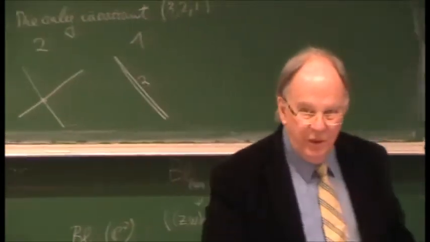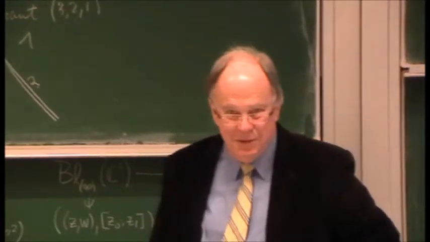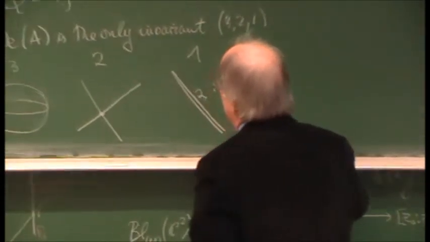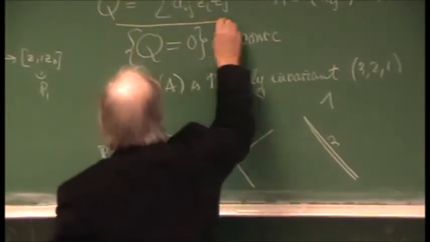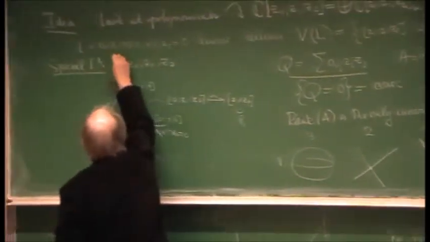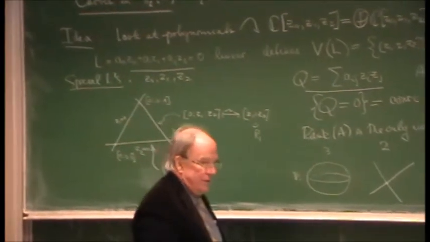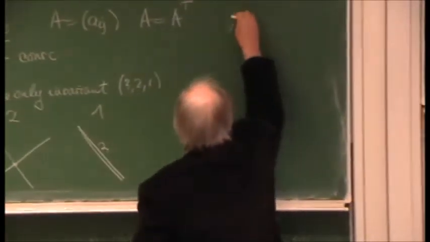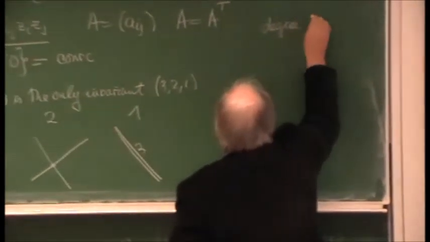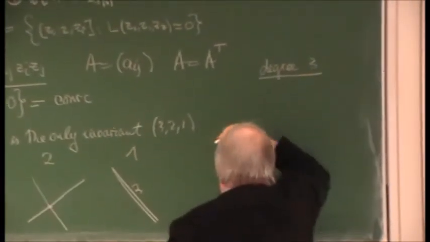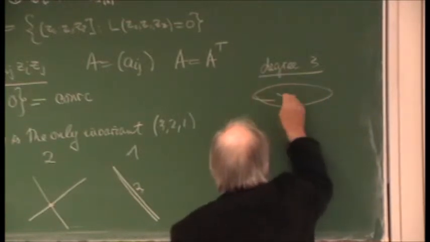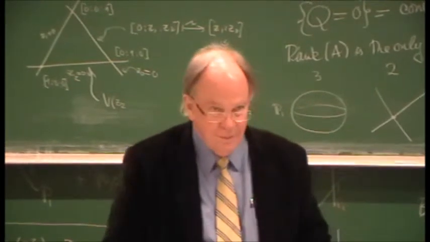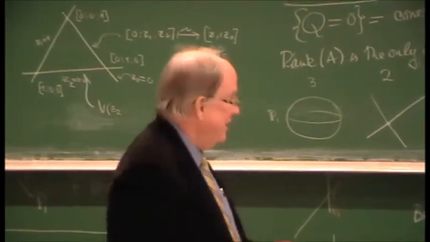This is the beginning of algebraic geometry, but this is easy algebraic geometry, because the next thing to look at, this is degree 2, this was degree 1. Degree 3 is still understandable. Well, the first thing is, if it's not degenerate, it's a torus. And it can degenerate.